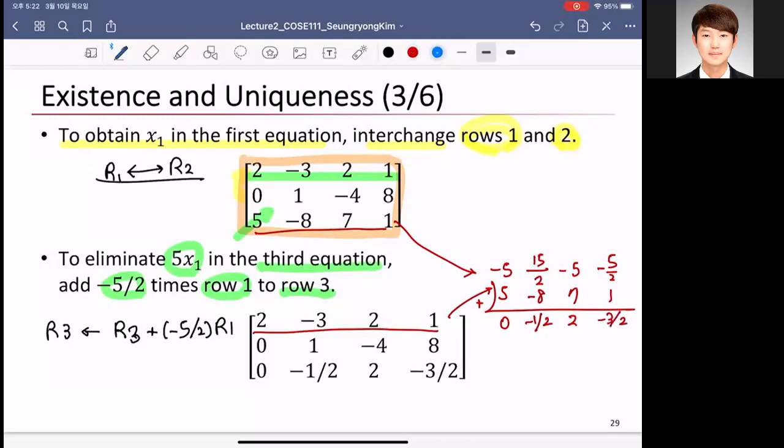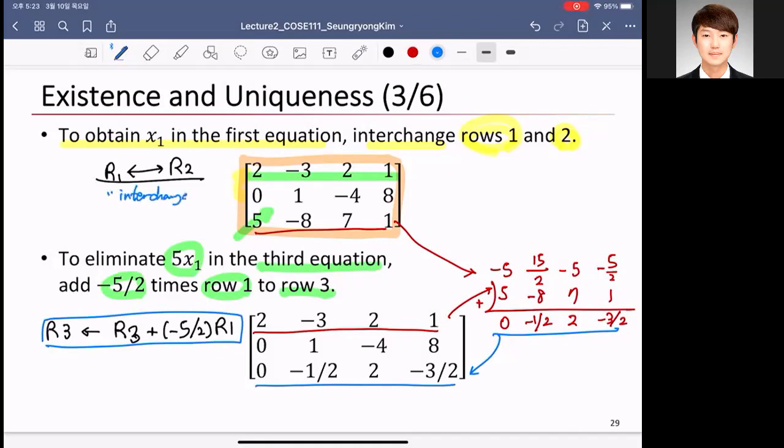So this is the new row 3. By using this kind of row operation, replacement, we achieve a new augmented matrix.